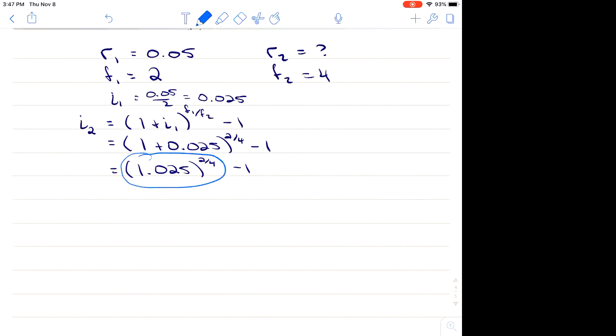Here, I'm going to show you how on your calculator. You're going to have 1.025 on your screen, and then hit the Y to the X button. And then I put brackets around it just to be sure.